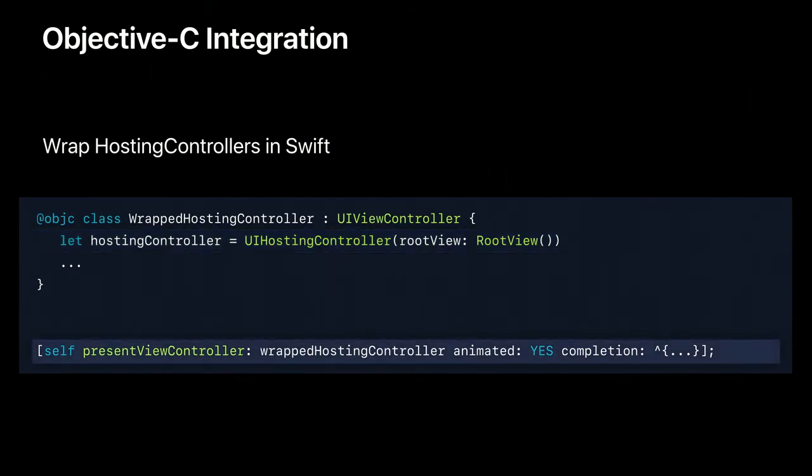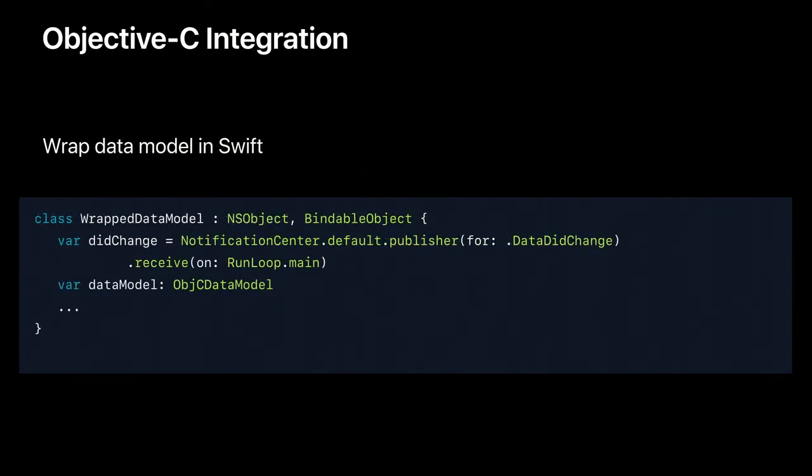Now that we have a UIViewController, we can go ahead and use it from our Objective-C implementation files like we would any other UIViewController. In this example, we're just presenting it. Similarly, you'll need to wrap your data model as well. And we do that so that we can implement the BindableObject protocol. So here we have a simple Swift class that implements the BindableObject protocol via a NotificationCenter publisher. Let's just say our Objective-C data model is already issuing NotificationCenter notifications.